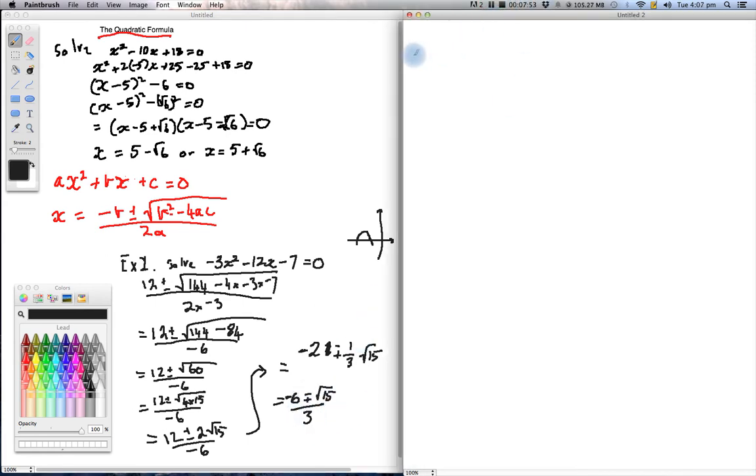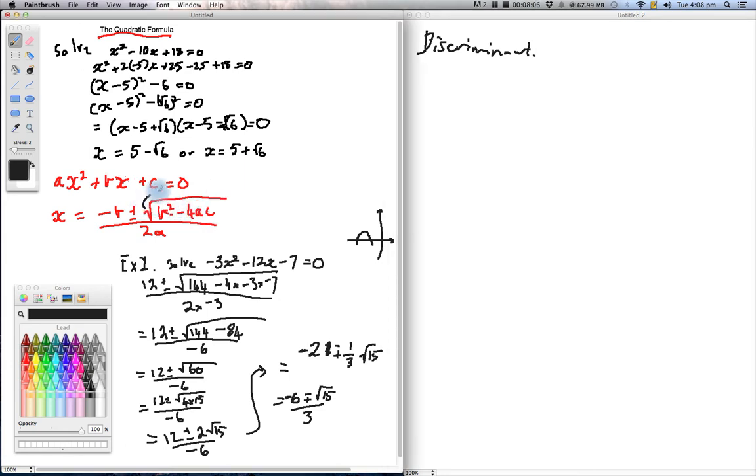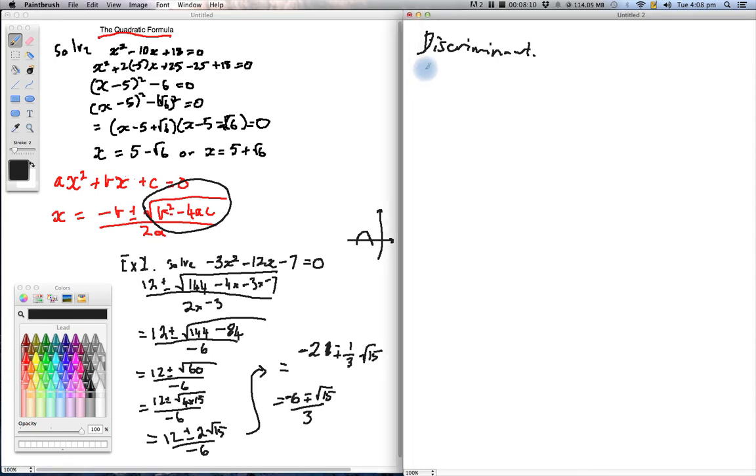Alright, I might as well at this point mention a thing called the discriminant. The discriminant is just this bit here under the square root sign. It's important for a reason I'll mention soon. So it's b squared minus 4ac that we call the discriminant.